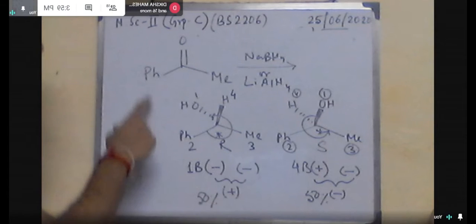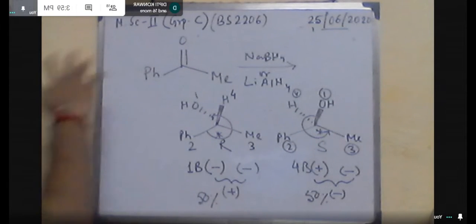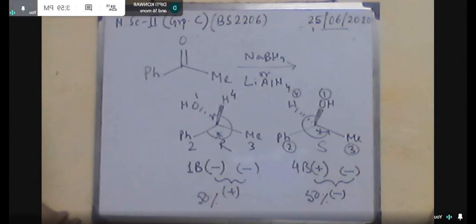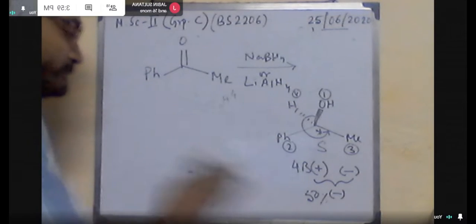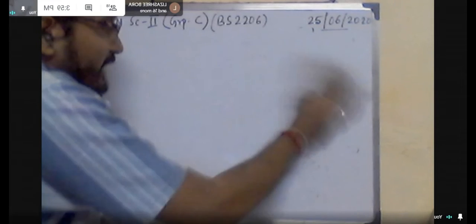Here the carbon is tetravalent, the other bond is absent, meaning that is the hydrogen. You can see if the phenyl is in the beta bond, then the hydrogen will be in the alpha bond. Or similarly, if the phenyl is in the alpha bond, the scenario will be vice versa. That means the hydrogen will be in the beta bond.